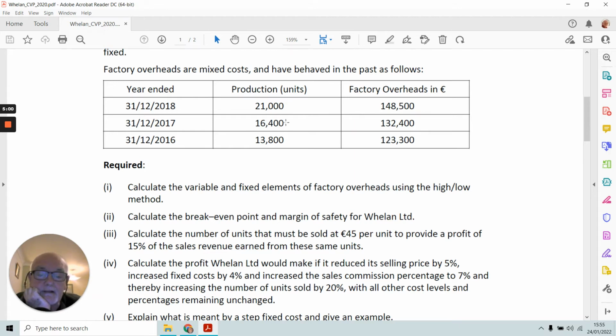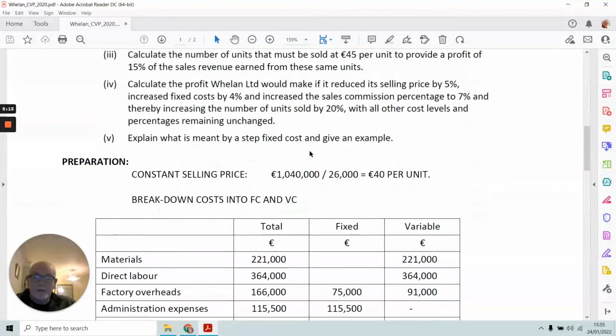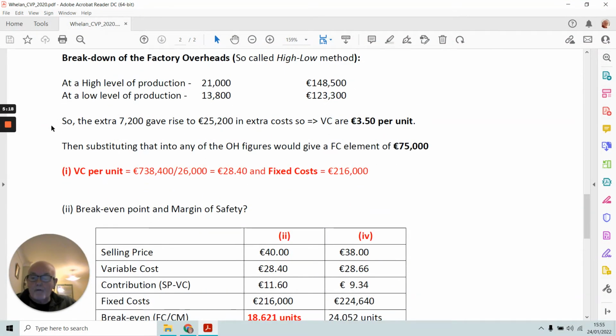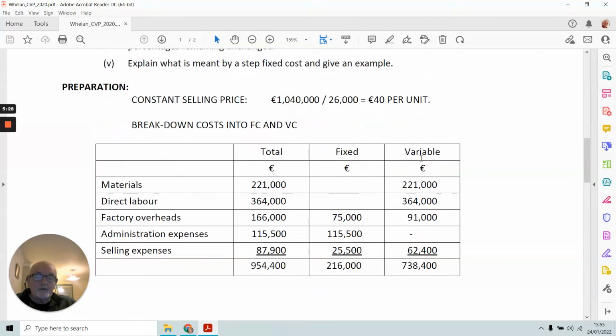So take any of these levels of production, multiply by 3.50, and take your answer away from the total factory overheads, and you'll get your fixed overheads. And when we do that for our figures, we get fixed costs of €75,000 for factory overheads. No matter which of the levels of production we take, we are going to get the same answer. €75,000 will be the fixed cost element of our production overheads.